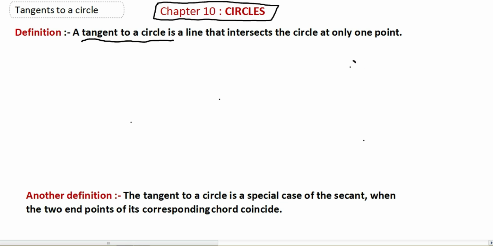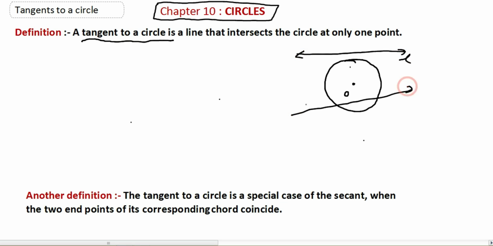See, a circle is this, and this point is the center O. If we draw a line, several lines you can draw, like this is a line L. Another line we have drawn is M. One more line we have drawn like this. So here we are finding the three conditions.